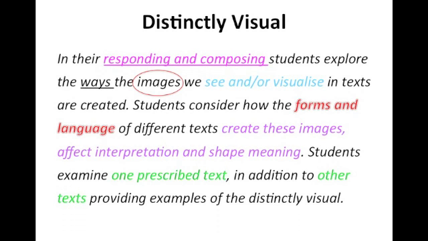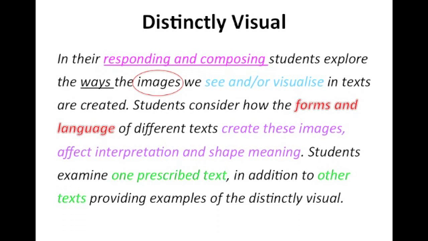Images, which I've circled, is probably the most important word in this module because we are looking at the distinctly visual. What we're looking at is how are images created in our own mind and how do those affect meaning. So we're looking at both images that we see, so a visual image like a painting or a photograph, but we're also looking at images we visualize.